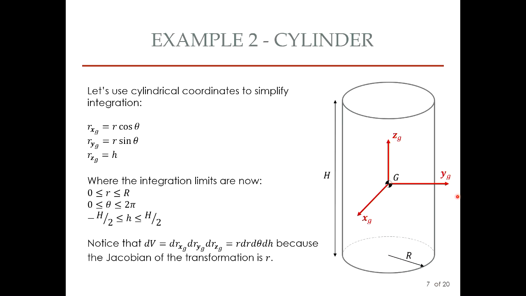Because it doesn't matter, this is a nice trick. Even if these axes are rotating relative to the cylinder, it will still be the same Ixx, Iyy along the rotated axis. But in this lecture, in general, we are assuming that the red axis frame G is attached to the rigid body. Remember, it's attached to the rigid body.